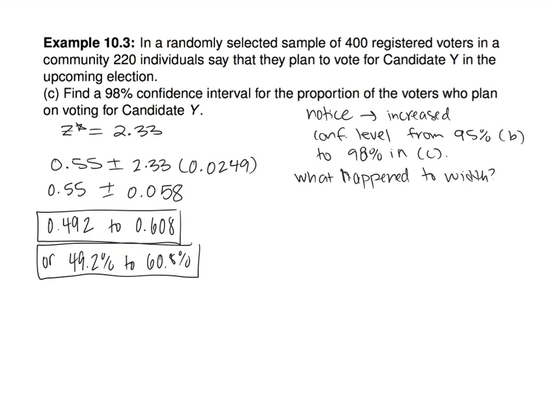And the answer is that it got wider, as it should based on what we said in example 10.2. So the confidence interval got wider as confidence level increased.